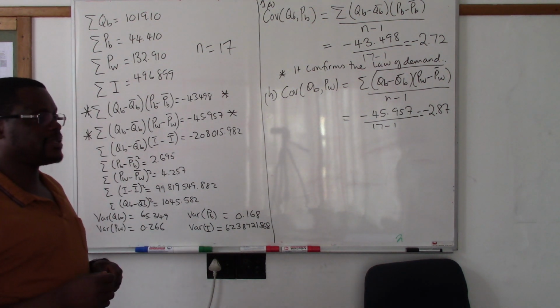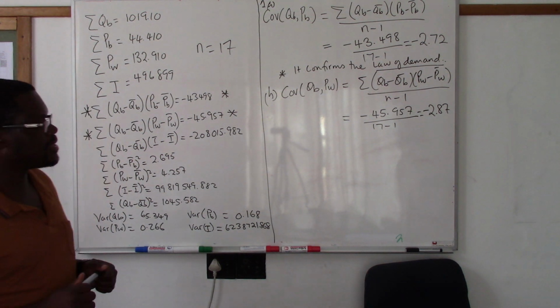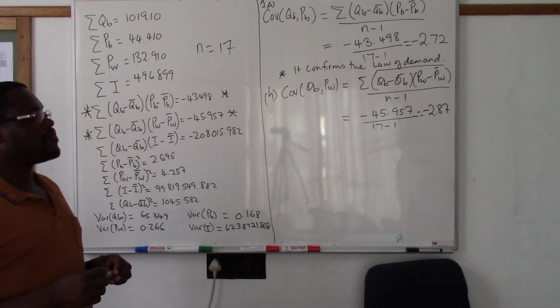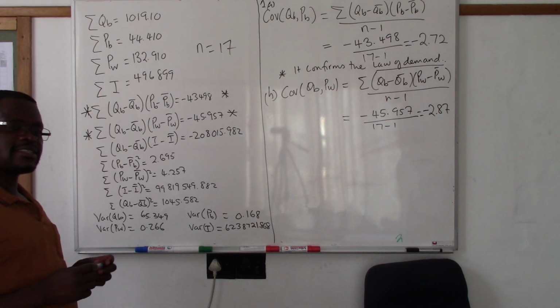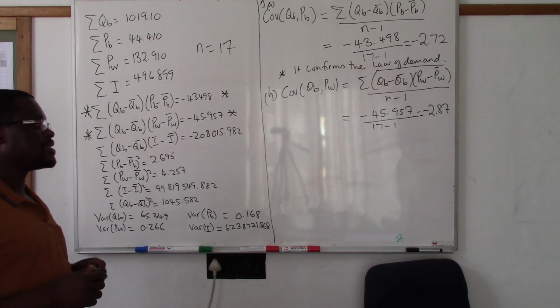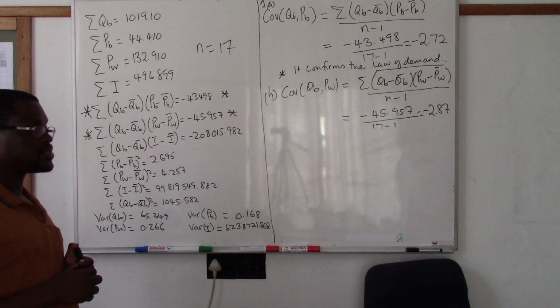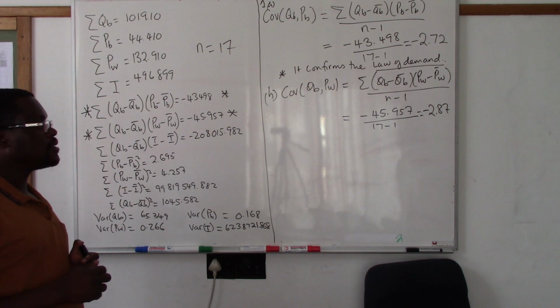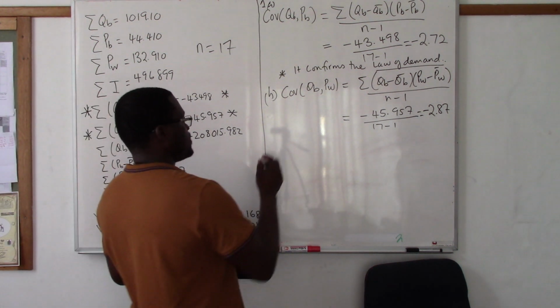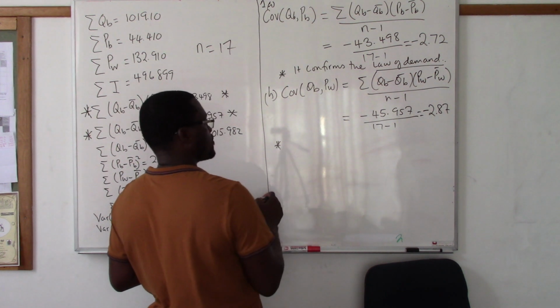Now, probably least expected, one would have expected that there will be a positive linear association, but what we get here is that there is a negative linear association. Does that conform to theory?